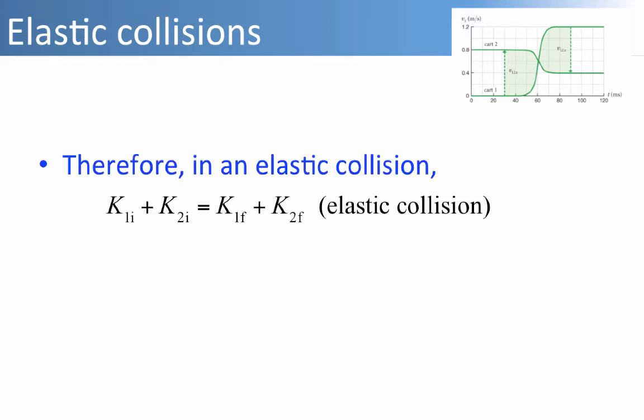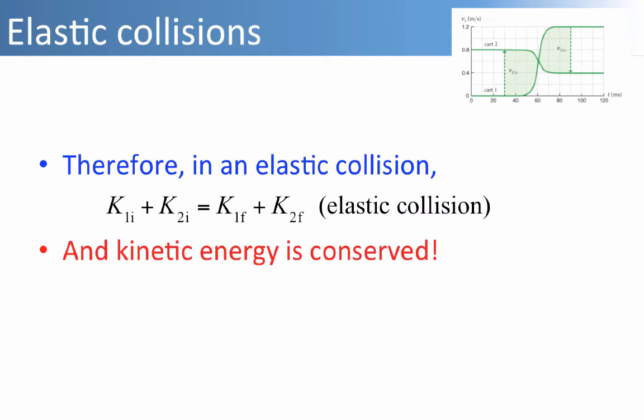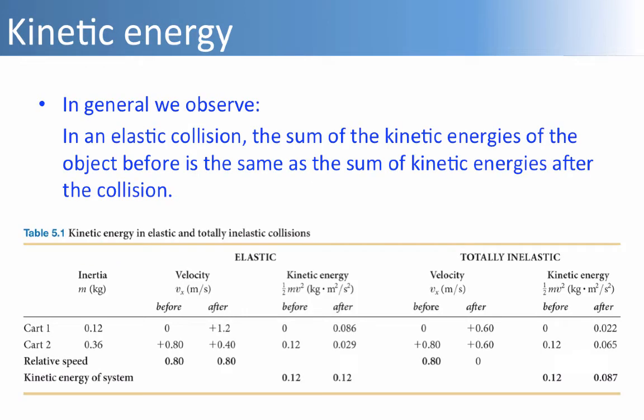All right, so our conclusion here is that for elastic collisions, kinetic energy is conserved. You can check this with particular examples. This is a good one to look through. Just look at the numbers and how they're being used and see that the kinetic energy of the whole system should be the same for an elastic collision and not necessarily the same for inelastic collisions.